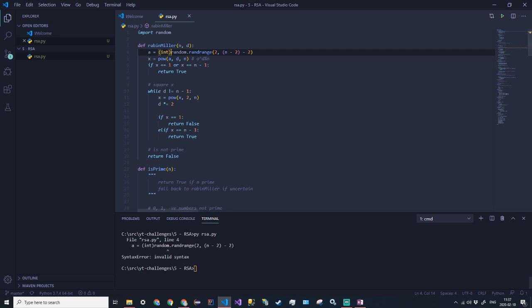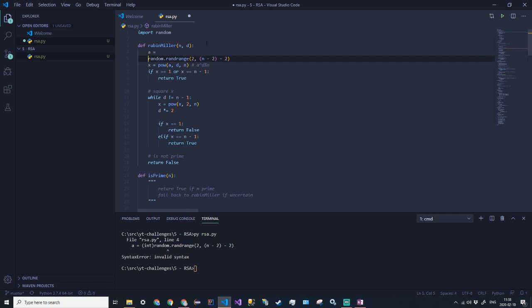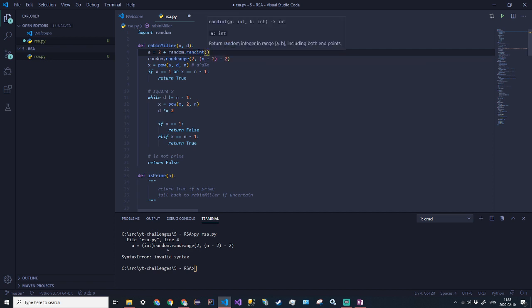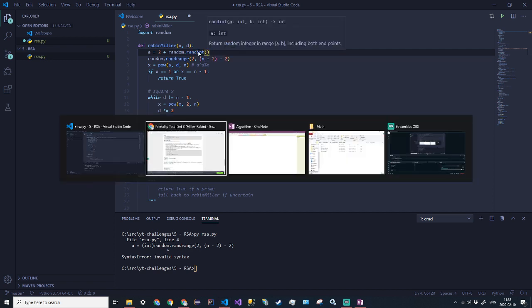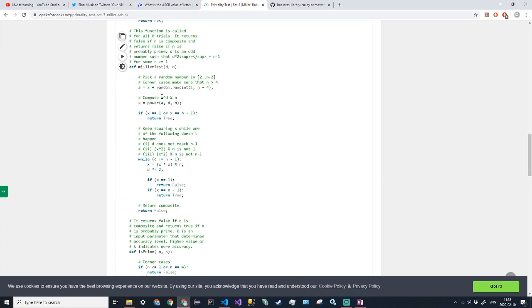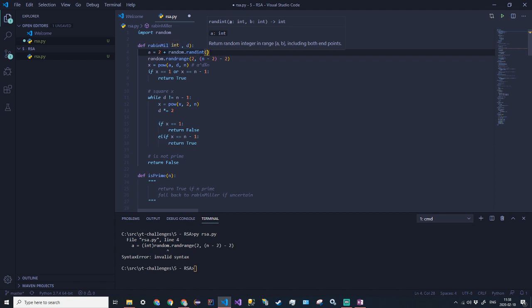Let me just do this quickly. So a is going to be equal to 2 plus random.randint. And you know what, get rid of the 2 plus. This is just going to equal 2 to the n minus 2 minus 2, just like that.